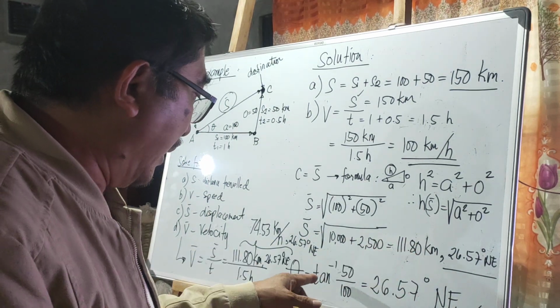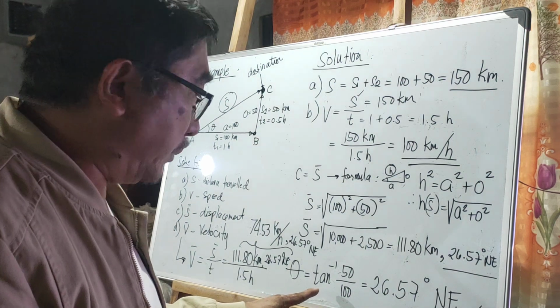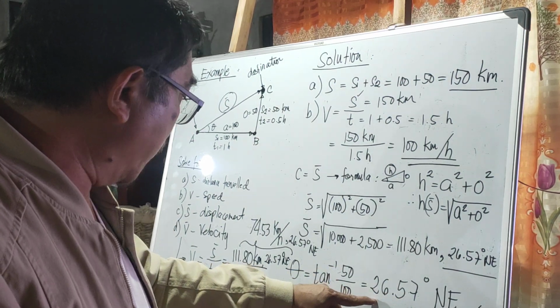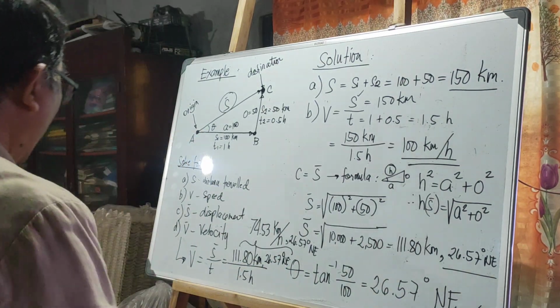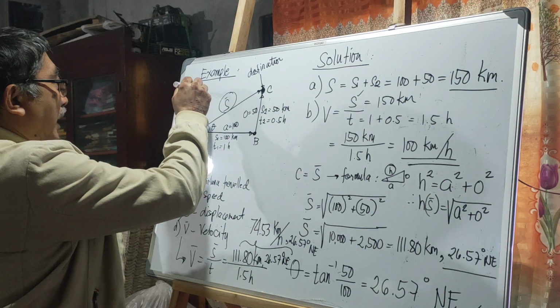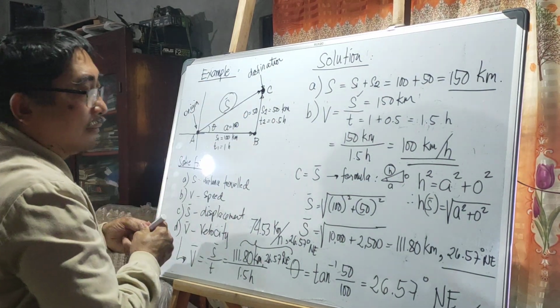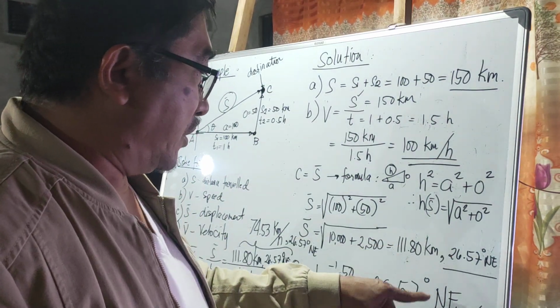And the direction, theta, we got using the inverse tangent of 50 over 100, and that is equivalent to 26.57 degrees. If we imagine this as our Cartesian plane, it is in the first quadrant, so it is 26.57 north of east.